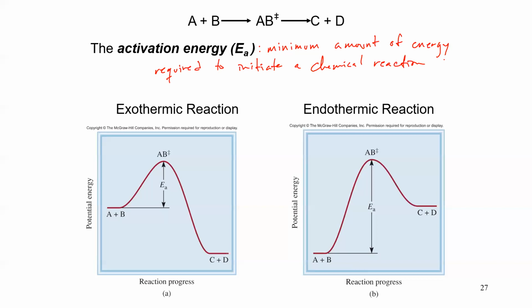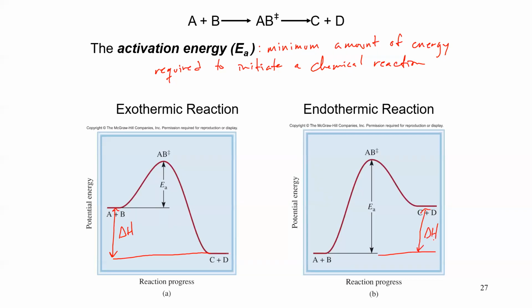And so for exothermic reactions, remember exothermic heat leaves, exo out, therm heat. So exothermic heat leaves. Overall, the energy change is negative. This is our delta H. Overall, it goes down, but we have to put in a little bit of energy to sort of get those reactants moving, get those reactants to the point where they actually want to transform from A and B into C and D. In an endothermic reaction, remember this is our delta H, and now it's positive.